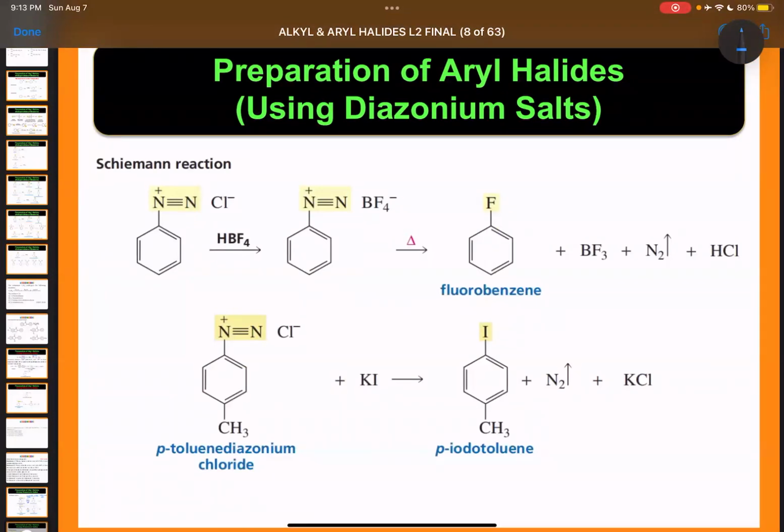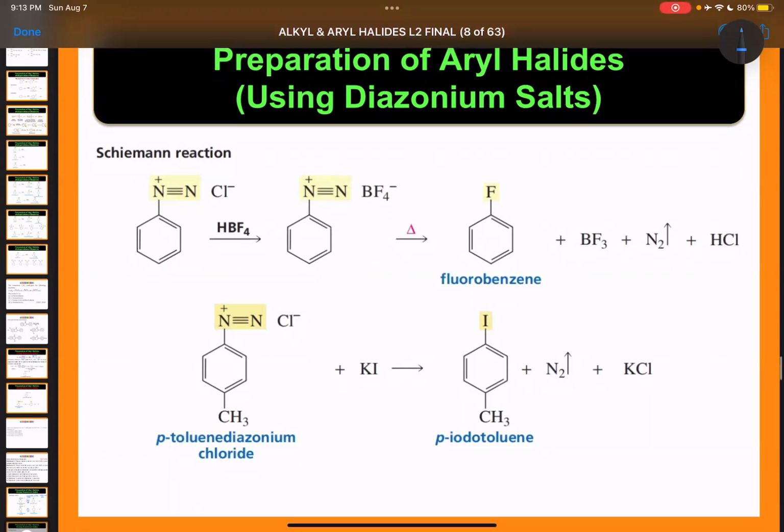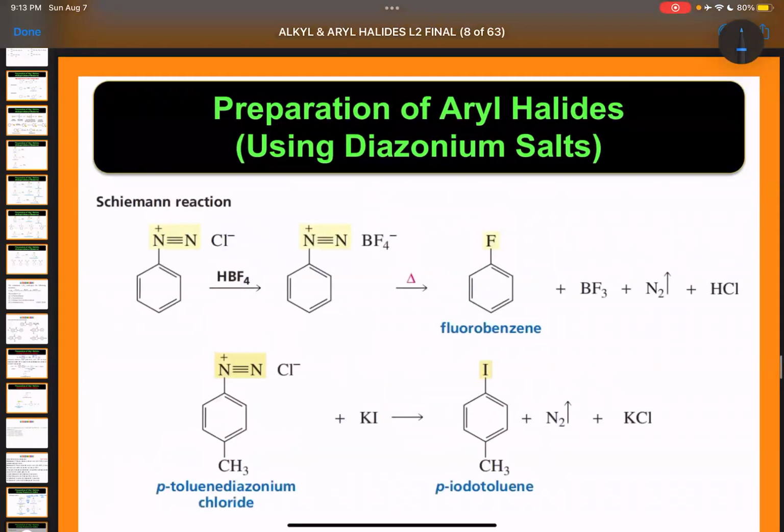Fluorination is highly exothermic, so you can't attach fluorine directly. So how do you attach fluorine then? Tell me how you attach fluorine.